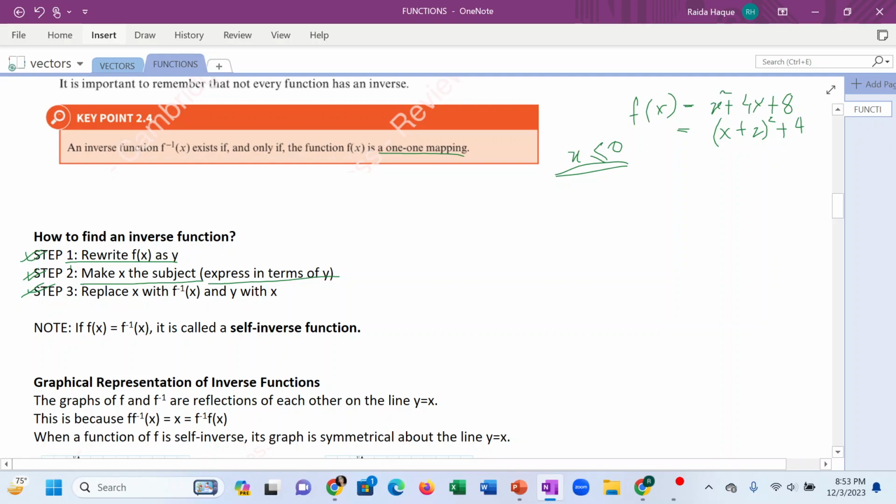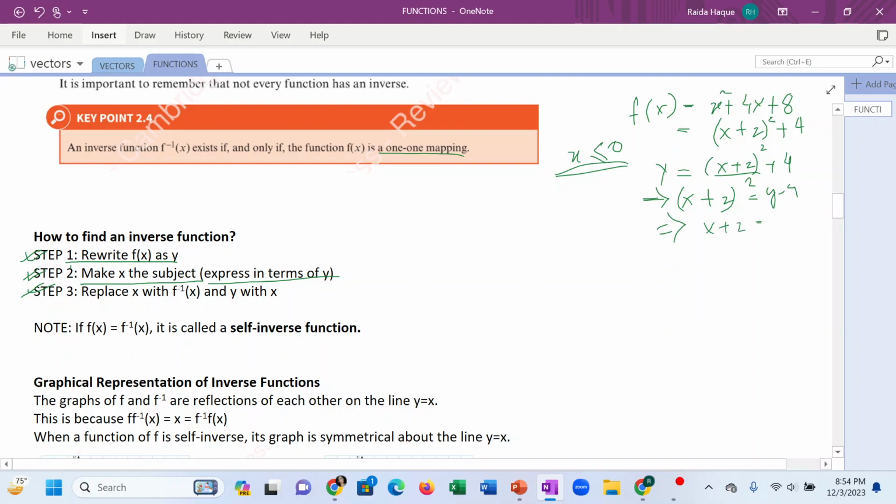Now we will replace f(x) with y. So we will write let y equal f(x), and then y equals (x plus 2) whole squared plus 4. Now we need to express x in terms of y, which is our second step. So (x plus 2) whole squared equals y minus 4.